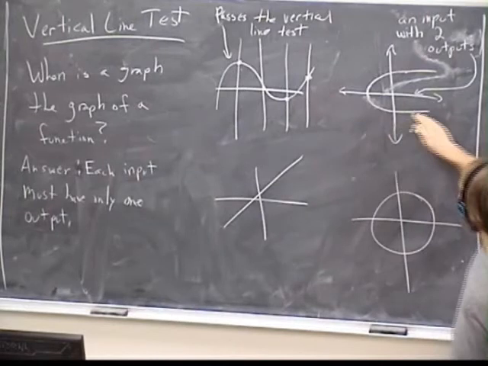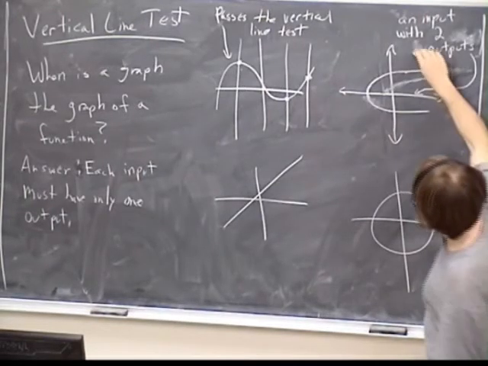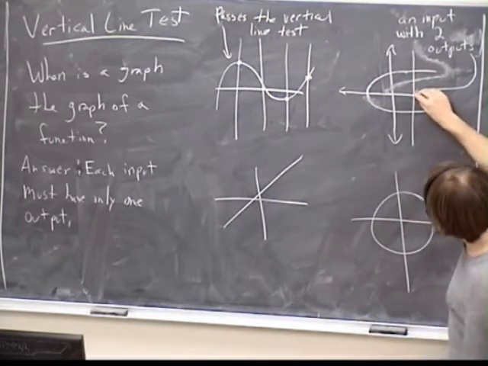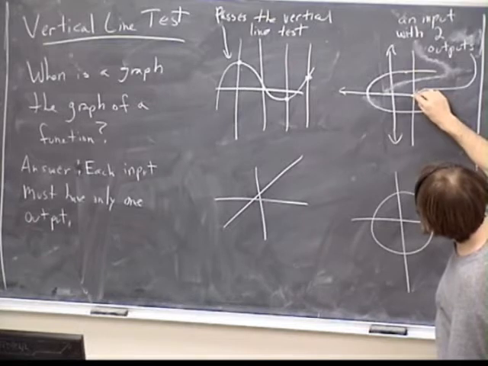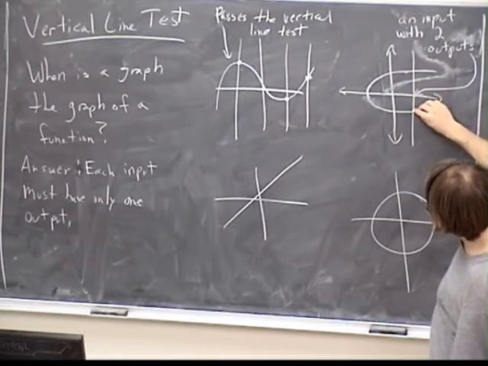Now let's move to this graph over here. If we draw a vertical line like this, here's our input. But as we see, the vertical line hits two separate points.